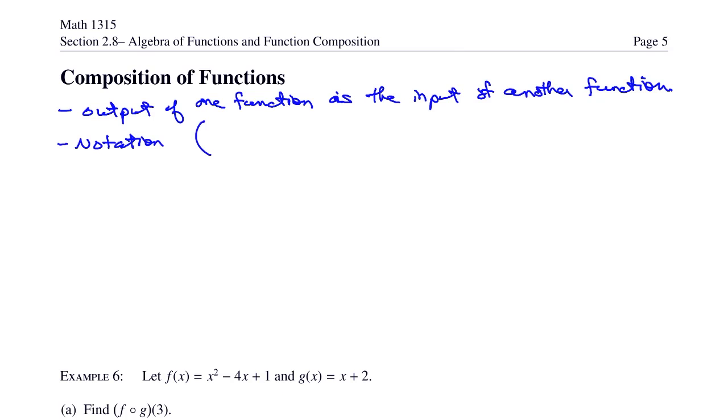So it's going to be f composed with g of x, and the definition is going to be f of g of x. So notice how the g of x is inside the f of x. So you're going to evaluate f of x inside of g of x.